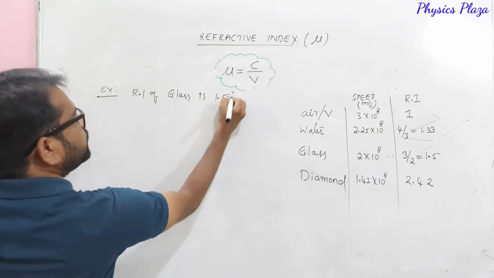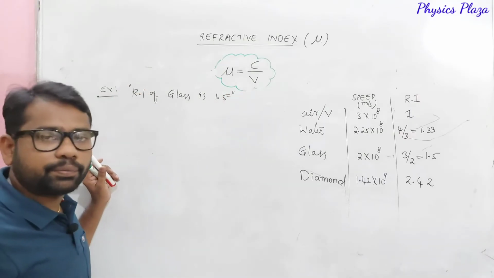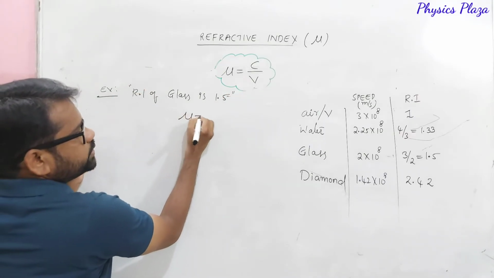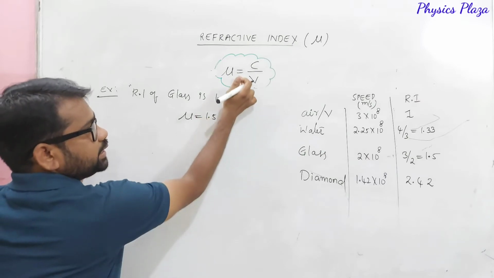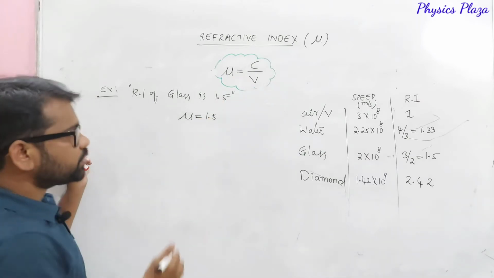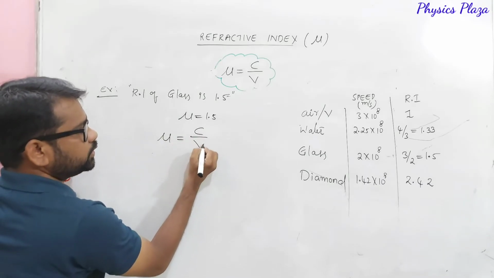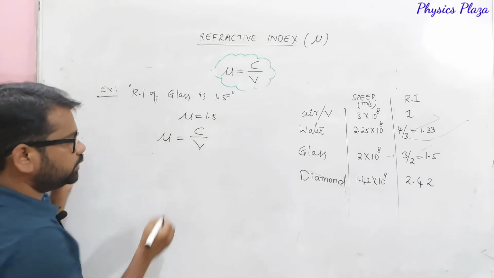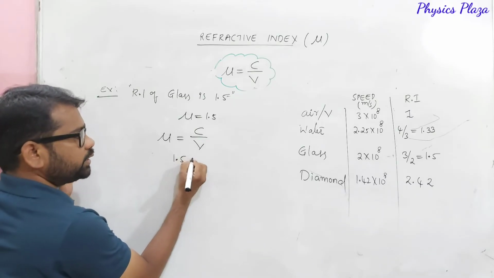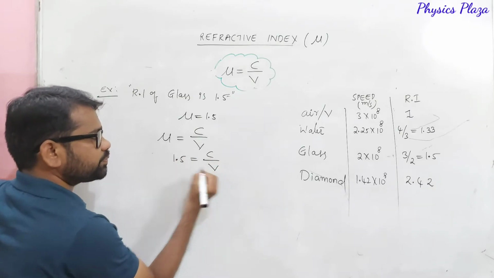This statement is given. So what is the meaning of this statement? Here it is given mu is equal to 1.5. Let us take the formula mu is equal to C by V. In the place of mu you can write the value, 1.5 is equal to C by V.